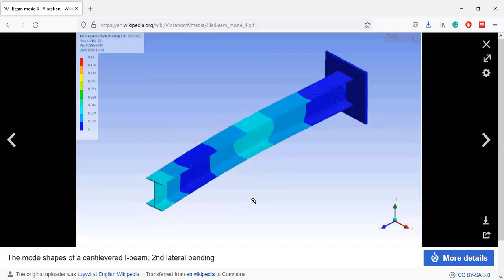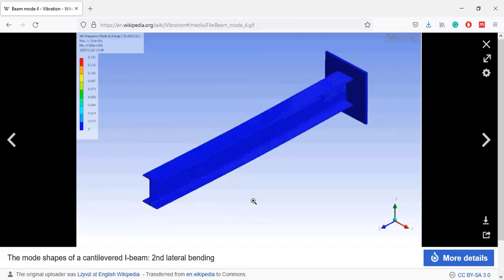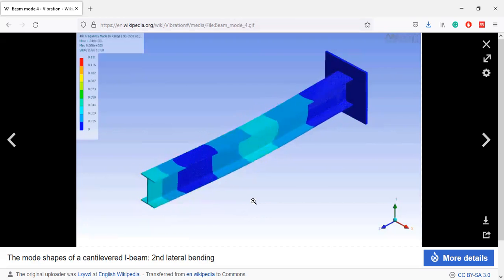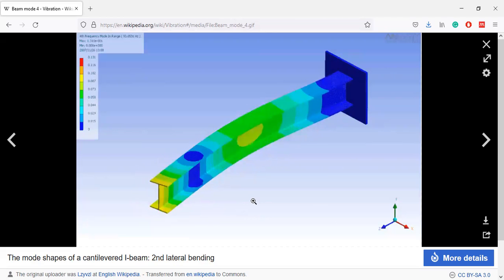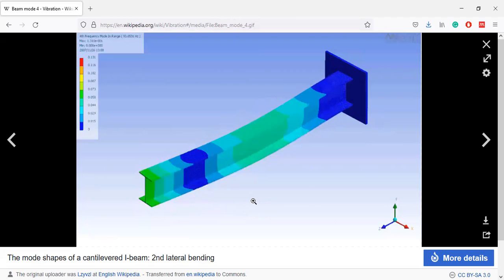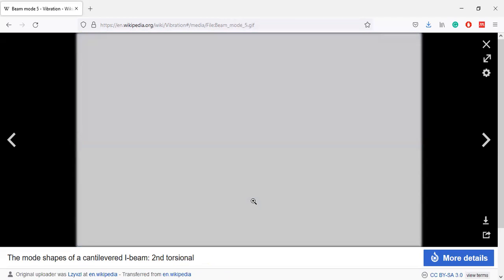In the case of 2 degrees of freedom, omega 1 may be the first mode of vibration, the first and simplest frequency. Then omega 2 is the second frequency in which the system will vibrate, with the second mode shape. Okay, so that is the case.